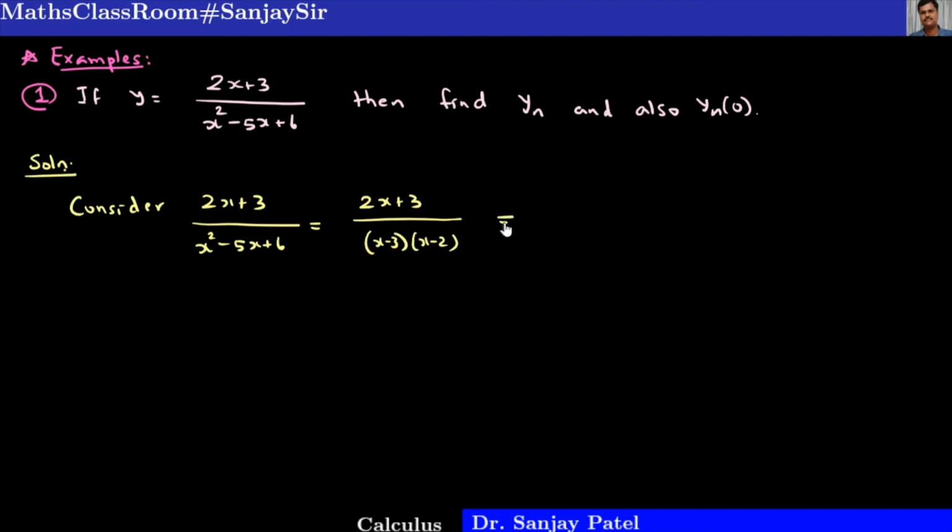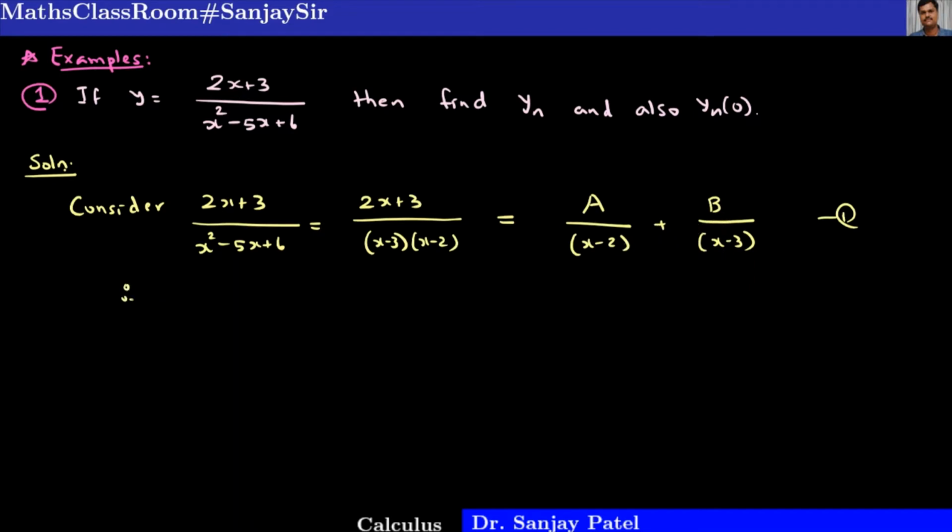And then this we can express in the form a upon (x minus 2) plus b upon (x minus 3). We have to find what a and b are by comparing these two expressions. If you take the LCM here, you will get (x minus 2) into (x minus 3), and the numerator will be a times (x minus 3) plus b times (x minus 2).